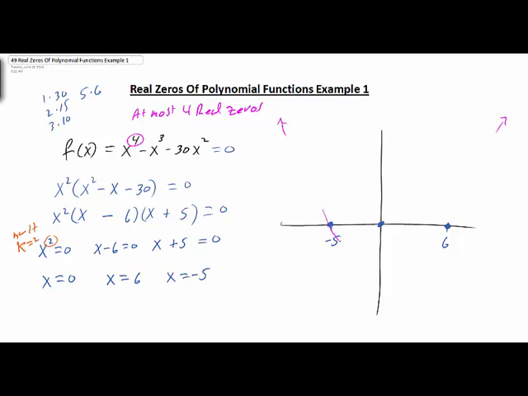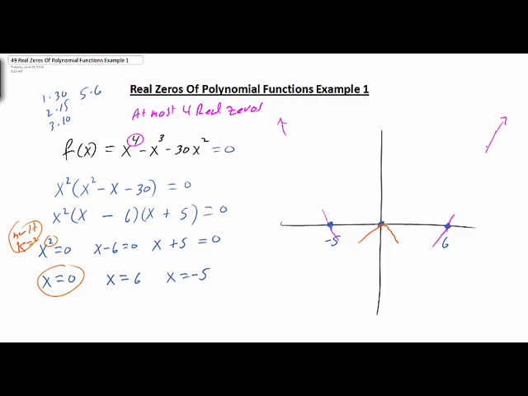Then eventually the graph is going to come back up and it's going to touch at 0. Now what's happening here at x equals 0? Because of this even multiplicity, it's going to come up and only touch at 0 and come back down. Then eventually the graph's going to have to curve and go back up through the 0 at 6, because we know the graph is then going to continue to go up.